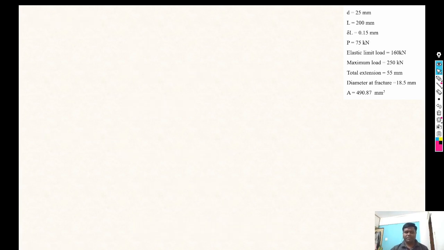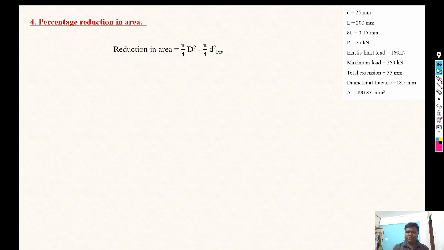Fourth one is the percentage reduction in area. For percentage of reduction in area, the formula is reduced area divided by original area. How can we calculate the reduced area? Total area minus area at fracture. The diameter at fracture is given, that is 18.5.